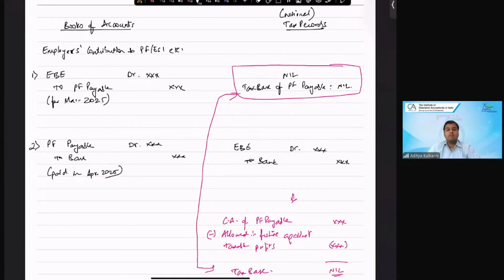That is why the tax base of this item is 0. Did you understand? Priyanka, did you follow? Yes, sir. Swaminathan, clear? Yes, sir. Prashant, clear? Yes, sir. Anushi, clear? Yes.